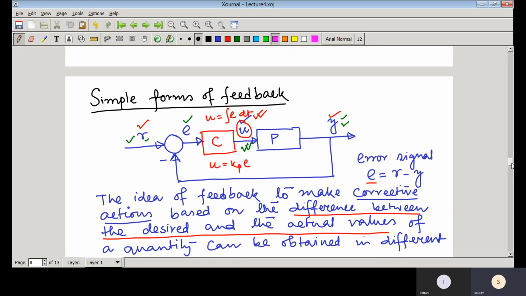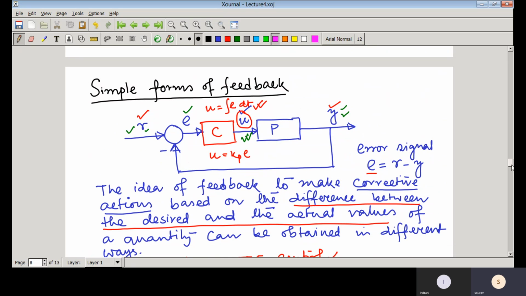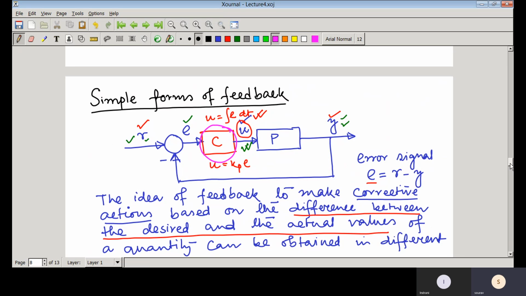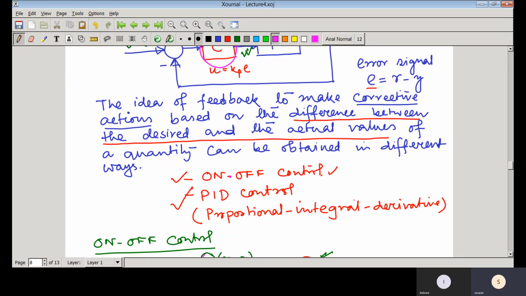We started with simple forms of feedback, and we have already discussed what is control, what is feedback, what are the effects of feedback in closed loop control. Our discussion today was confined only to the controller block. We first discussed the on-off controller, and then the PID controller.